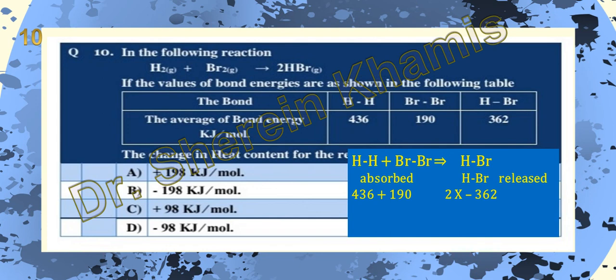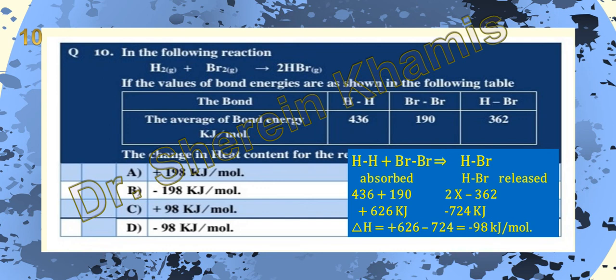Okay, 2 times means that we have 2 from this bond and it will release, so it will take the negative sign. Okay, we will calculate them. We have here plus 626 kilojoule and we have here negative 724 kilojoule. At the end of the reaction, we want to get the heat content of the reaction, so delta H equals plus 626 minus 724, so it will give at the end of the reaction negative 98.